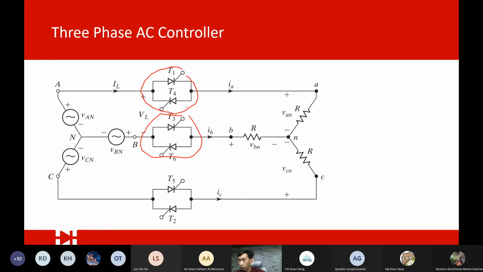And then for the controller, you will see T1, then T2, then 3, then 4. It's 6. So you can see these are the order of the controller for these 3 phases.